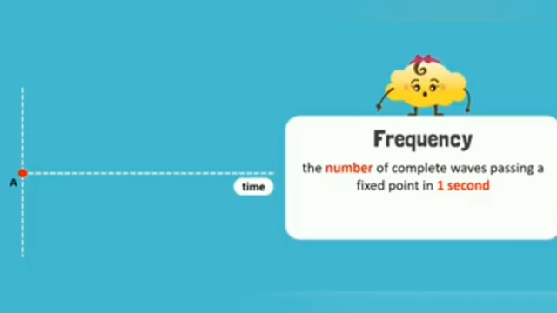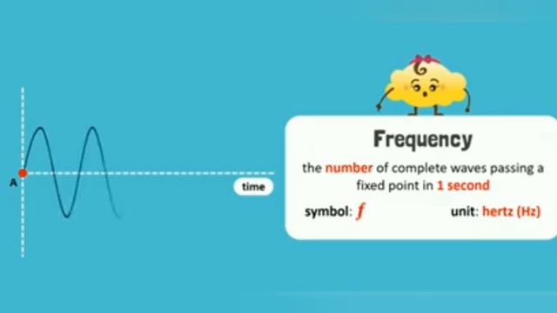The frequency of a wave is the number of complete waves passing a fixed point in 1 second. Frequency is given the symbol f and is measured in units called Hertz, Hz. Let's look at this wave which is traveling from left to right. Can you count how many waves pass through point A in 1 second?